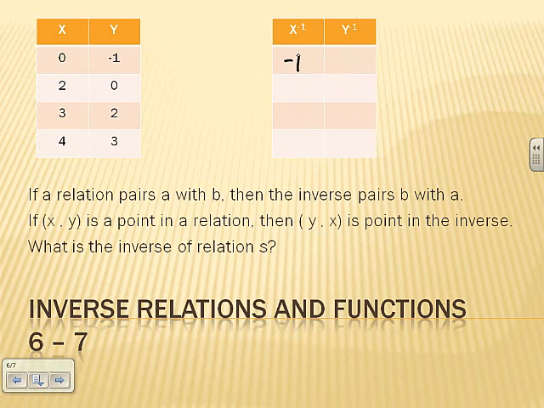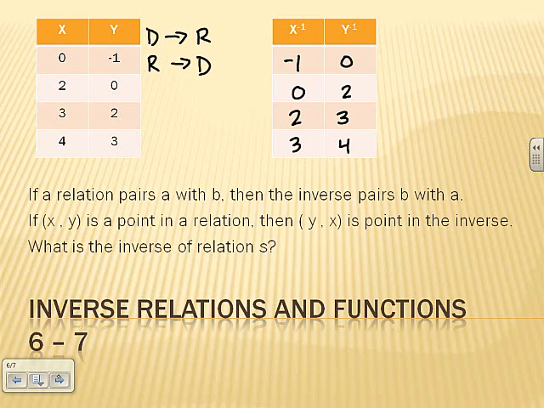So the inverse would be -1, 0, 0, 2, 2, 3, and 3, 4. So what happens is the domain of a relation becomes the range of an inverse, and the range of the relation becomes the domain of the inverse.